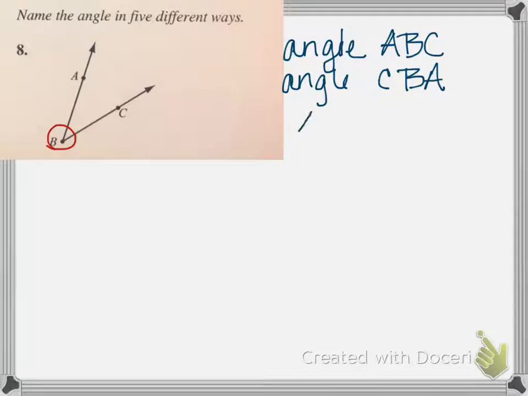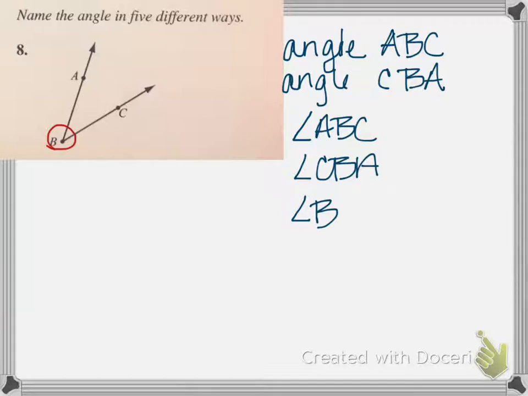We have an angle symbol, which looks like this. Now, don't confuse that with a less than symbol. This is flat on the bottom, so it's not a sideways V. It's actually flat on the bottom, and we would say angle ABC, or we could say angle CBA, or we could simply say angle B. So there's lots of different ways to name it.